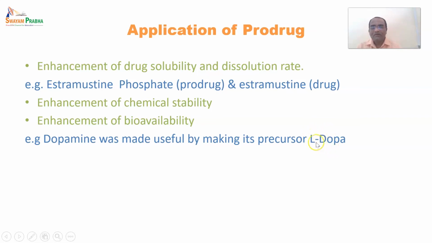When L-dopa is administered, it can pass the blood-brain barrier, and after that enzymes there convert L-dopa to dopamine, which becomes the active form and can interact with the receptor.